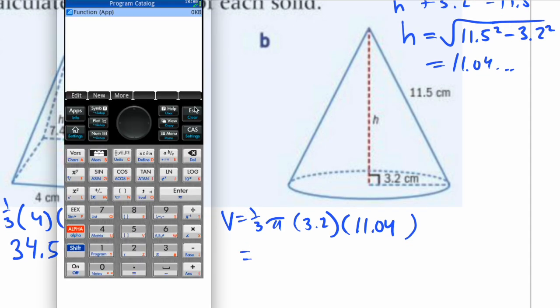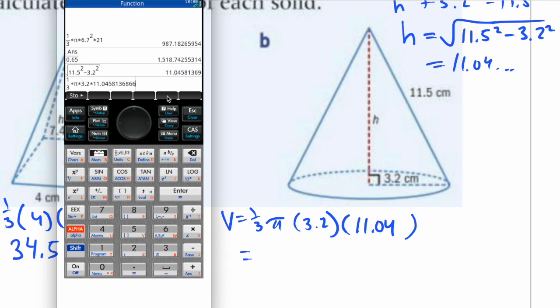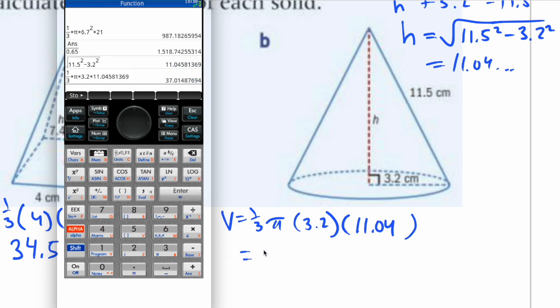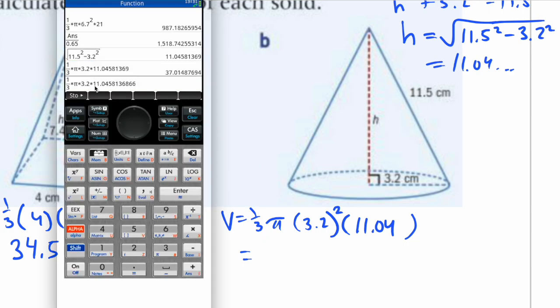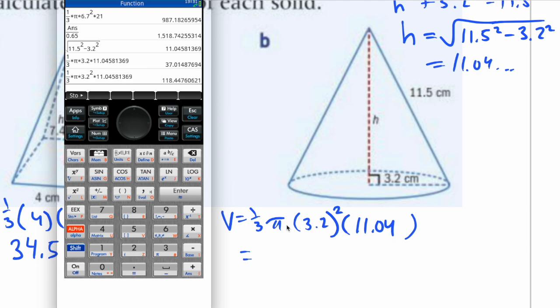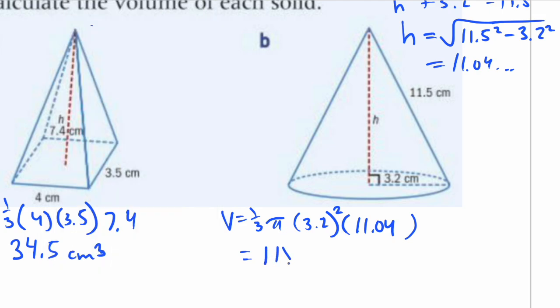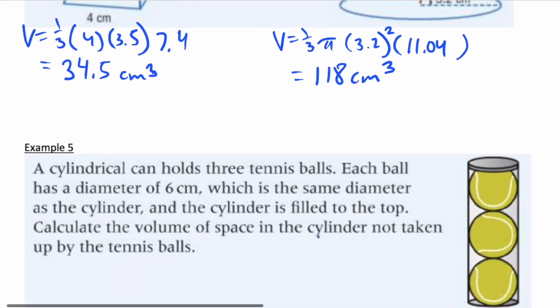So, let me escape that, 1/3 times pi times 3.2 times, copy and paste the answer from before, and we get about 37.0. Oh, I think I forgot the squared. Oops. It's pi r squared. So let me try that again. Yes, it's 118 cubic centimeters.